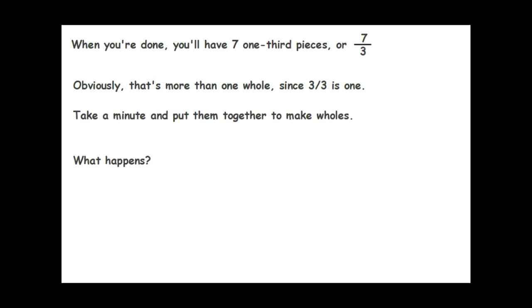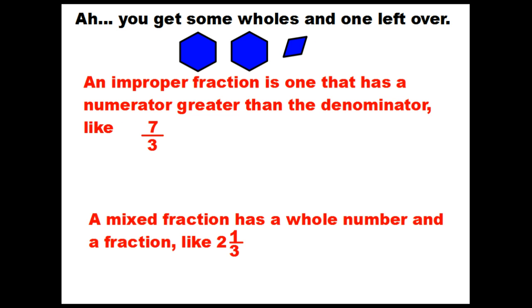Obviously that's more than one whole because 3/3 is one whole. So I'm going to give you just a minute. Take your 7 pieces and put them together to make wholes. And then check out what happens. What happens is you get 2 wholes and 1 left over. What you had before was an improper fraction.